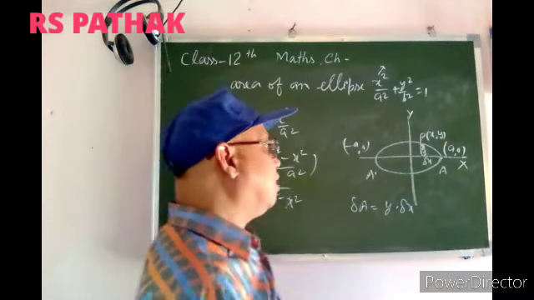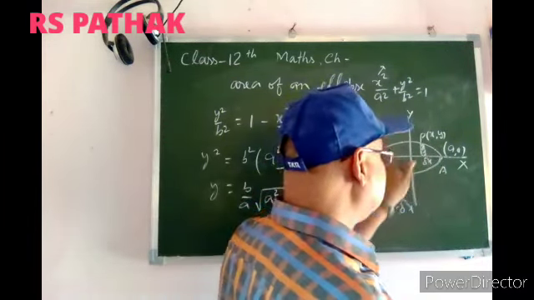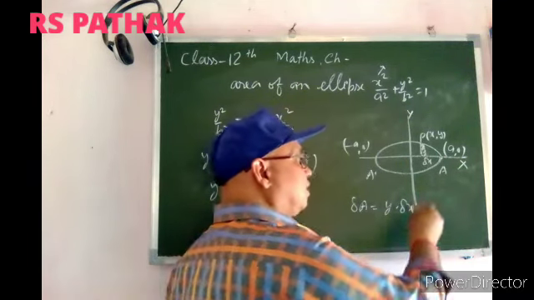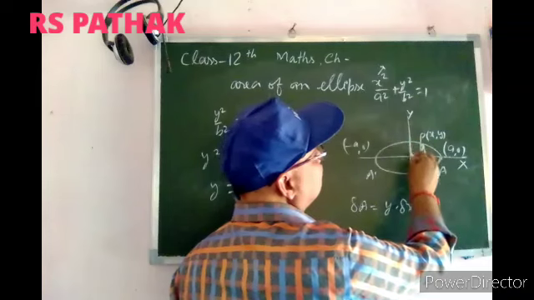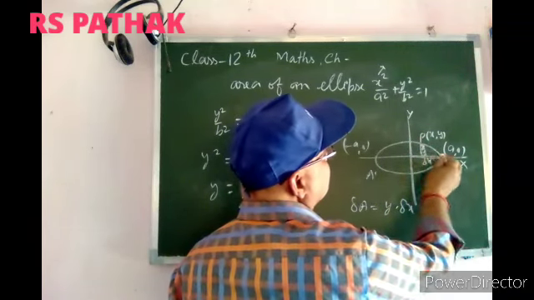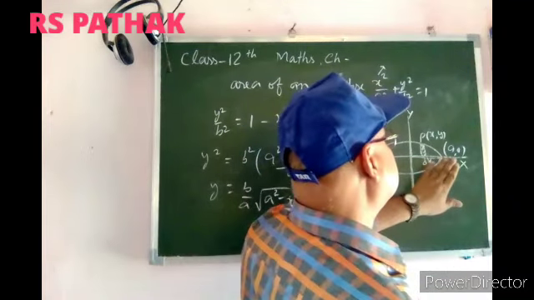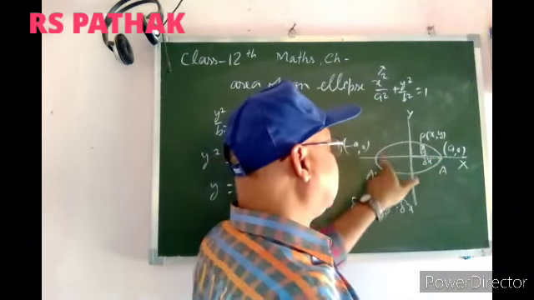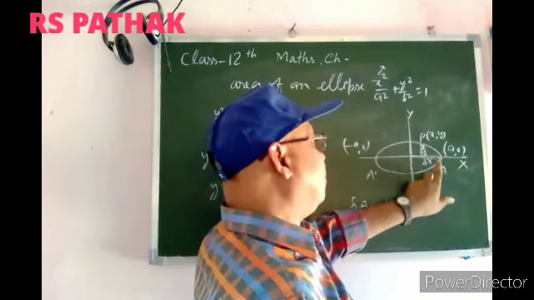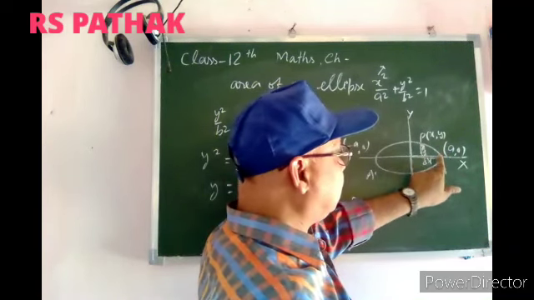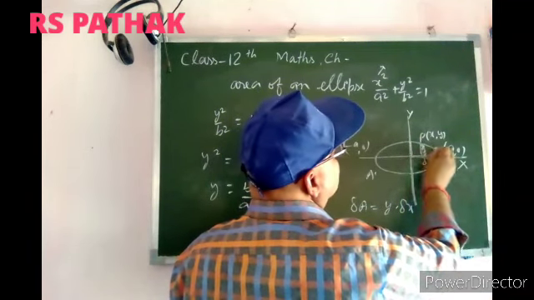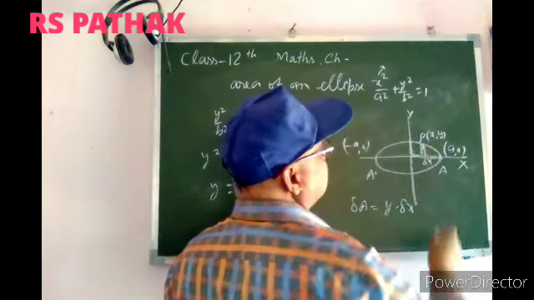Now we have to find the area of this whole figure. We have to find simply the area of only this part and multiply by 4, and we can find the area of the whole figure.